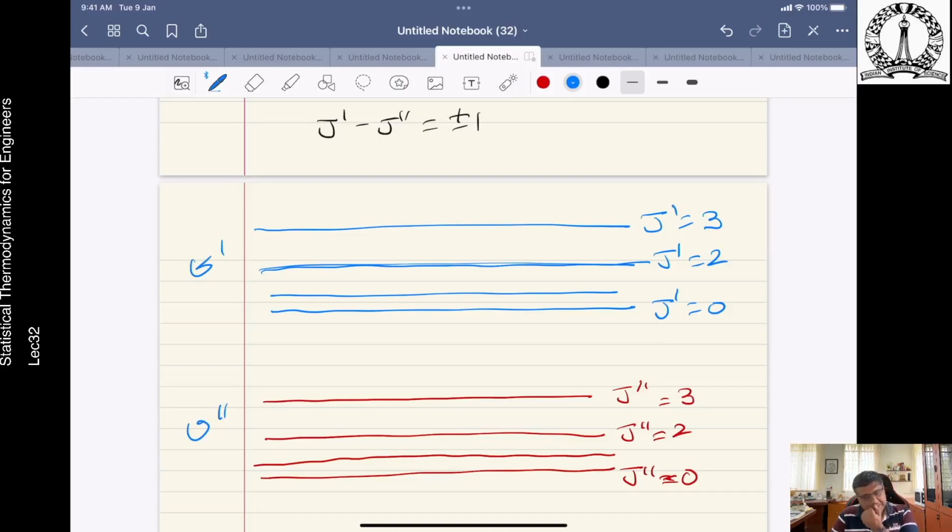This is a typical thing that you have. So the allowable transitions: J1 to J2 is allowed. Of course, J0 to J1 is also allowed.